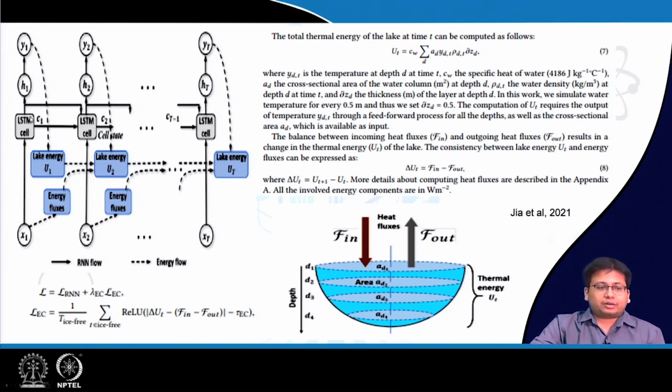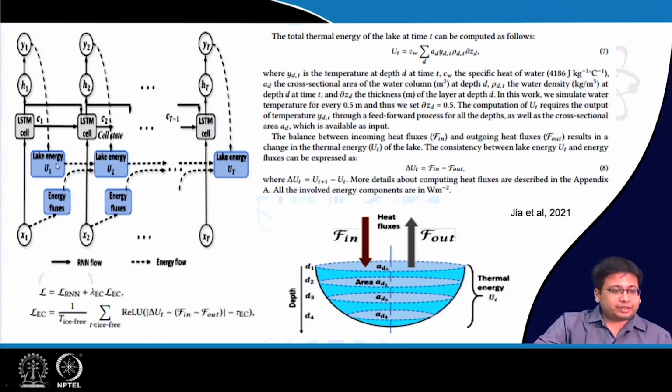That temperature profile is passed on to the next time point, and the inputs at every time point are these x1, x2, which is basically the heat flux. Based on the incoming heat flux, the model tries to estimate the lake energy, which is again passed on to the next step.